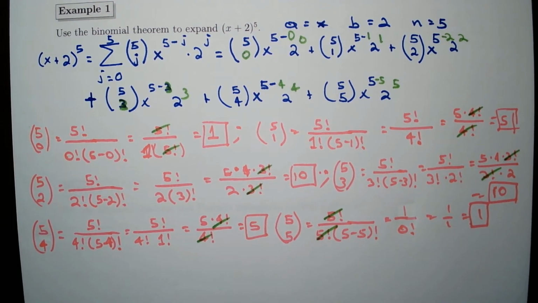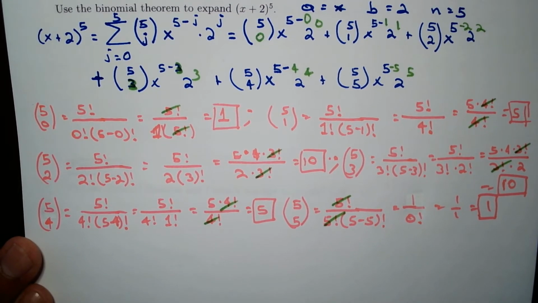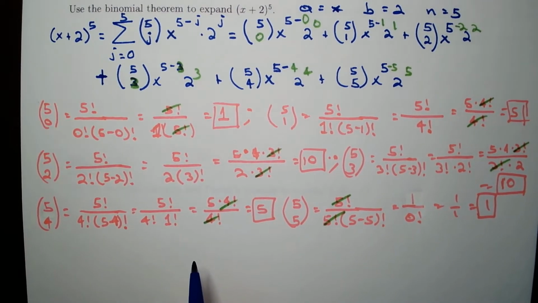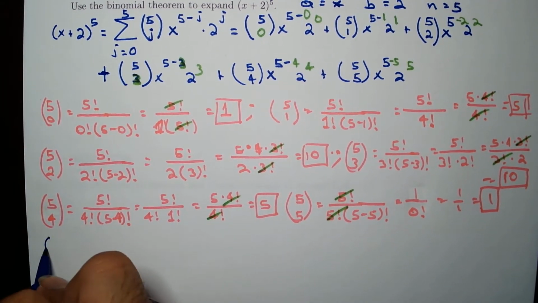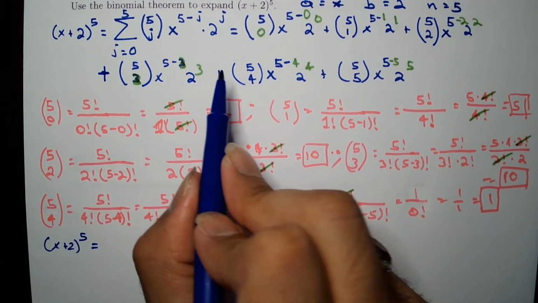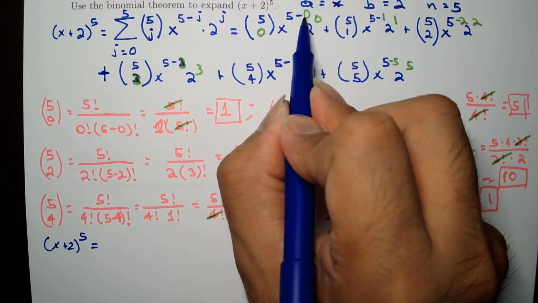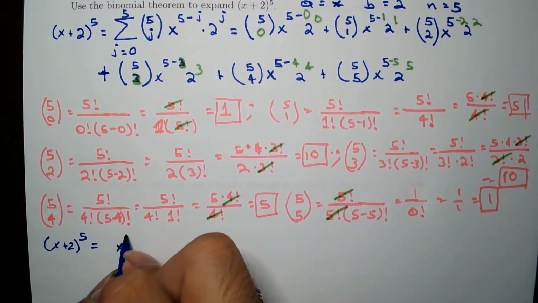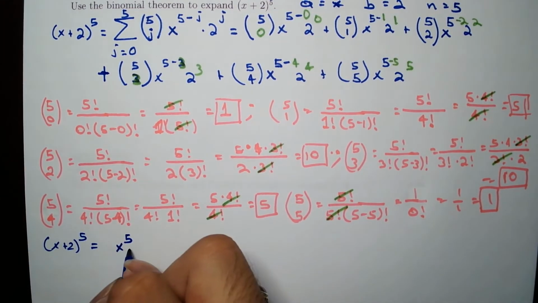So now, let me keep going here. Let me go back to blue, which is the exercise that we are going over here. So, let me use the space below. So this is x plus 2 to the 5th power equals. Okay. So we have x to the 5 minus 0, which is 5. 2 to the 0. Any quantity to the 0 is 1.